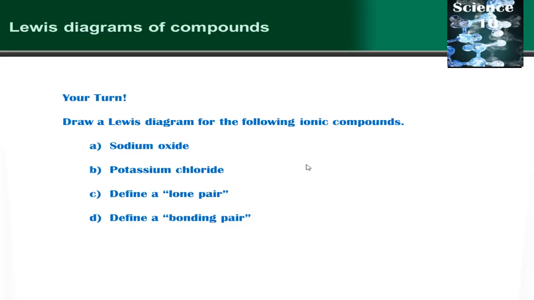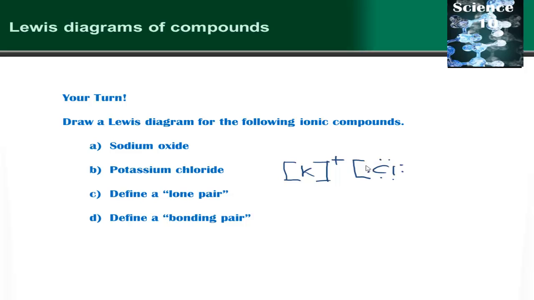But potassium chloride, I would draw potassium chloride as, okay, potassium is in group 1, so it's going to lose 1 electron. If it loses 1 electron, it becomes a +1 ion. Where's that electron going to go? It's going to go to chlorine, because chlorine has 1, 2, 3, 4, 5, 6, 7 electrons.